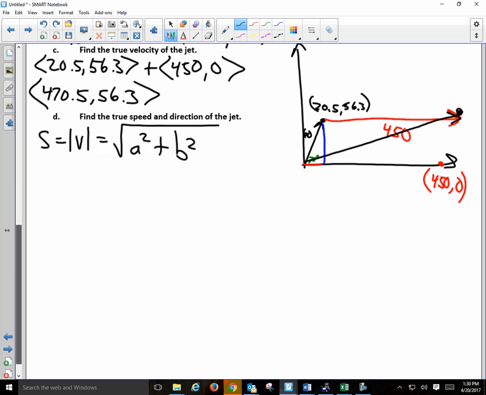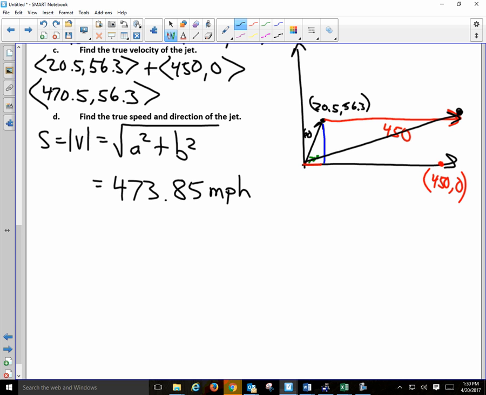What's the square root of 470.5 squared plus 56.3 squared? I don't remember the decimal. 473 point what? 85. Great. So that's miles per hour.